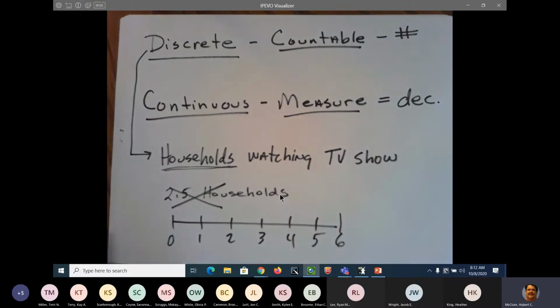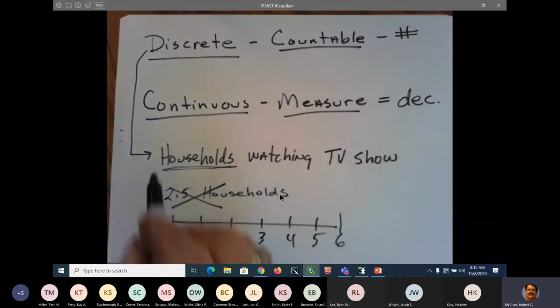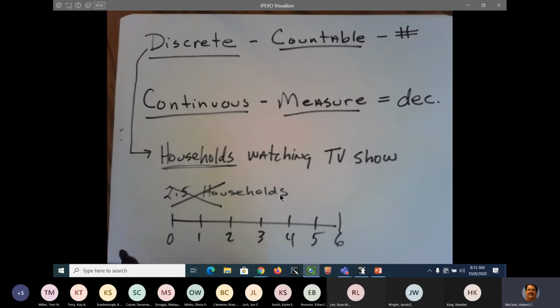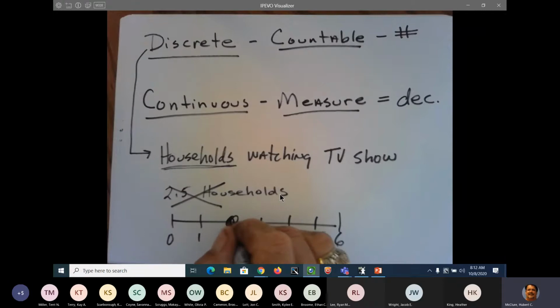So anything having to do with households, with people, surveying people, households, that would be discrete. Discrete probability. What is the probability of 2 households? What is the probability of greater than 2 households?